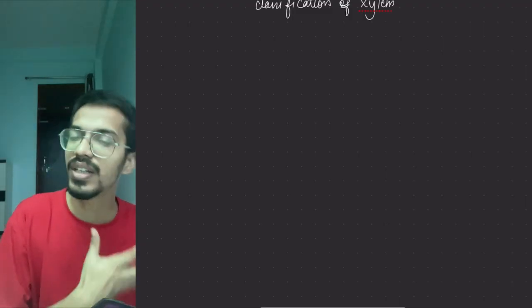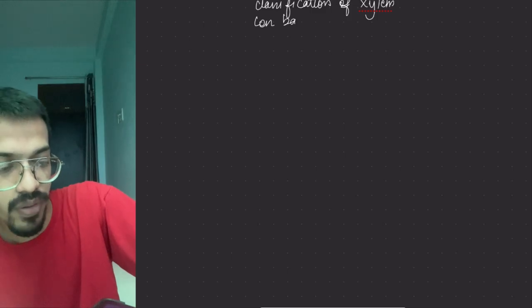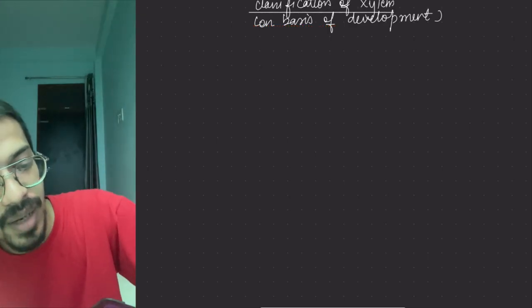So classification of xylem, on what basis? Earlier it was on the basis of the types of elements which are present. Now it is on the basis of development. Okay, on basis of development. First we are doing this. So on the basis of development, we know that the xylem could be what?